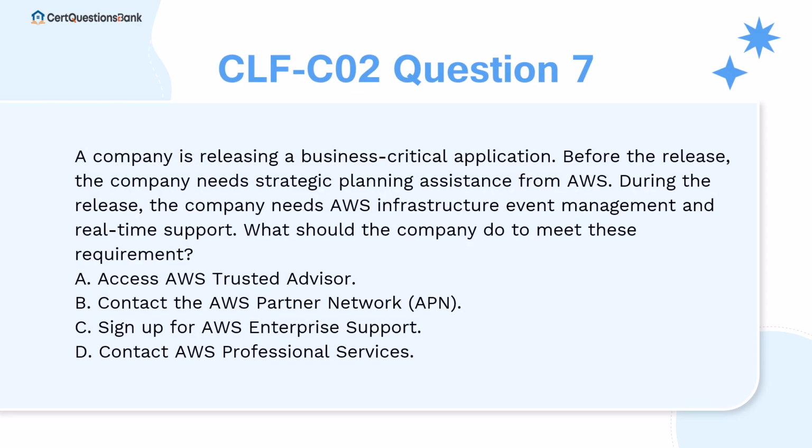A company is releasing a business-critical application. Before the release, the company needs strategic planning assistance from AWS. During the release, the company needs AWS infrastructure event management and real-time support. What should the company do to meet these requirements?